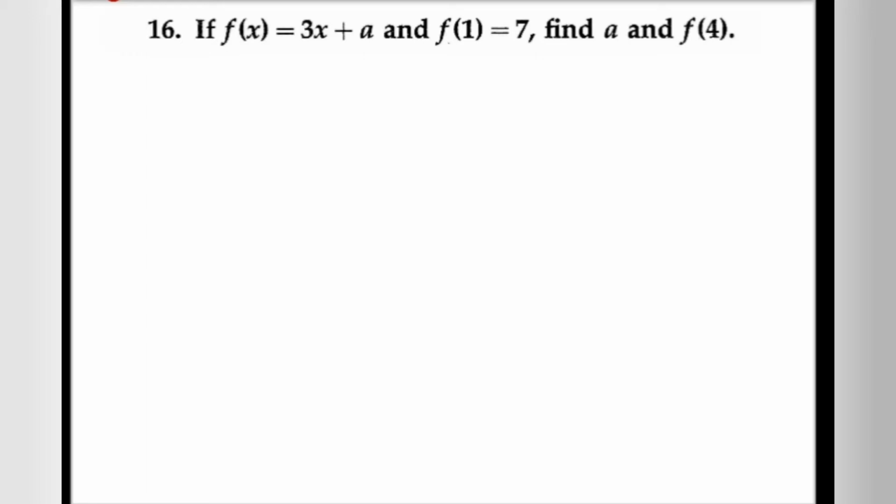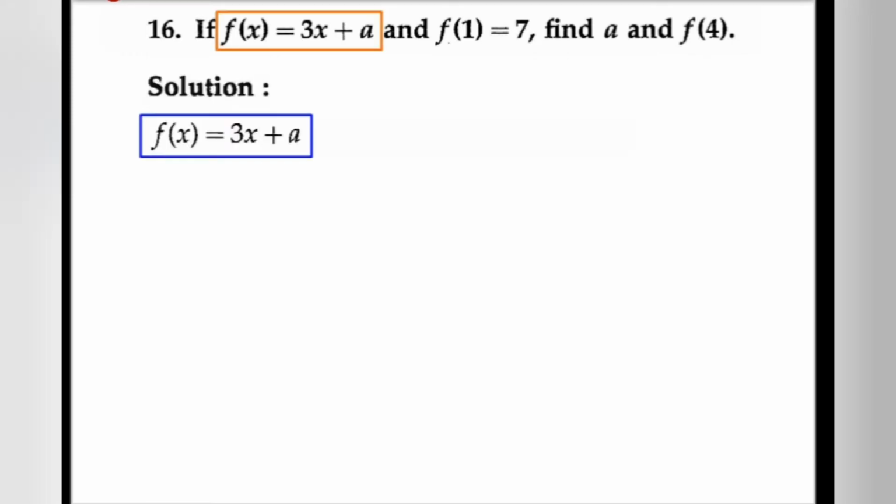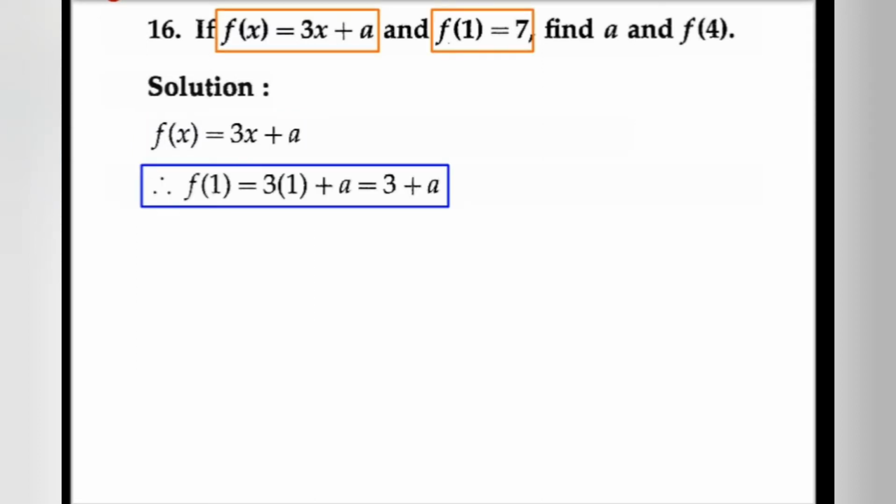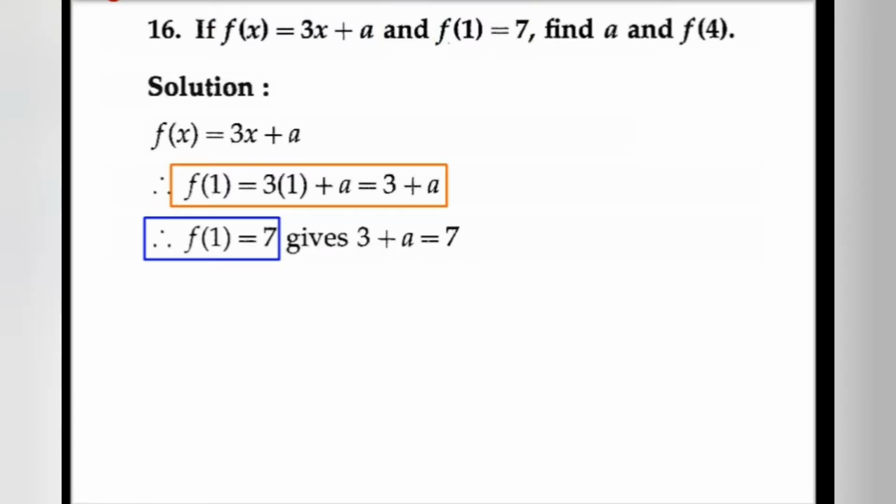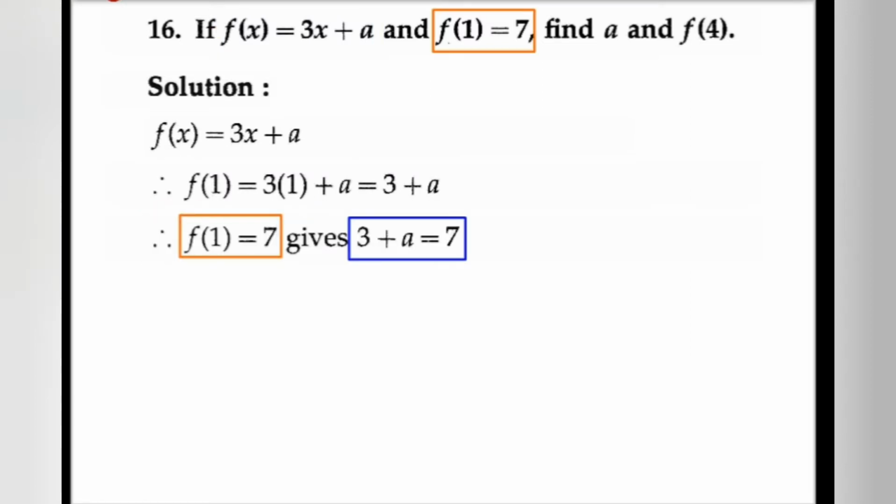Question number 16. If f of x is equal to 3x plus a and f of 1 is equal to 7, find a and f of 4. Solution: f of x is 3x plus a. f of 1 would be 3 into 1 plus a, that is 3 plus a. f of 1 is equal to 7 gives 3 plus a is equal to 7.